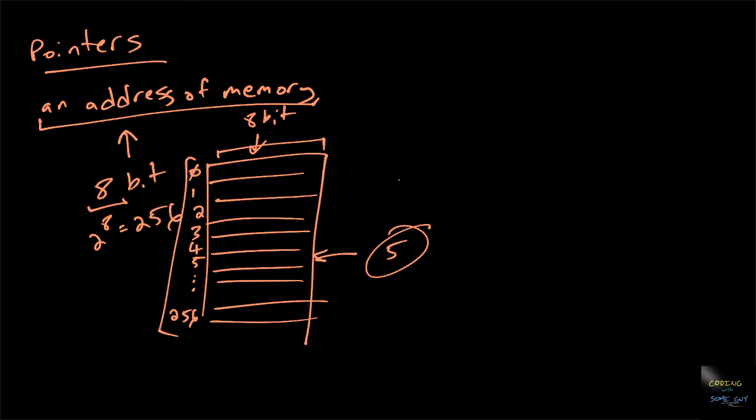Let's say we had just something, let's call it X. I'm not going to specify what it is, stored at memory location 5. The pointer for memory location 5 is just memory location 5. Same as the pointer for X is memory location 5. Right? Okay. Ish, I think.